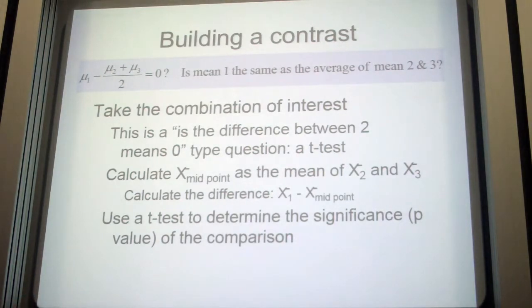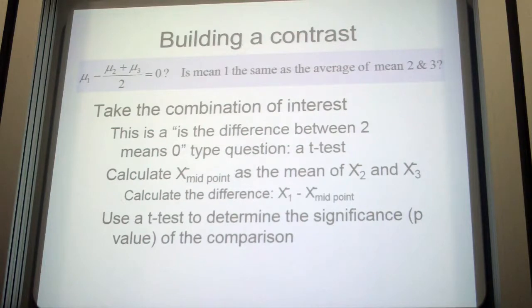and if the difference between them is 0, we do a t-test. We can calculate the midpoint as the mean of points 2 and 3, and calculate the difference between the observed value for condition 1 and the midpoint, and use a t-test to examine the significance of the comparison.